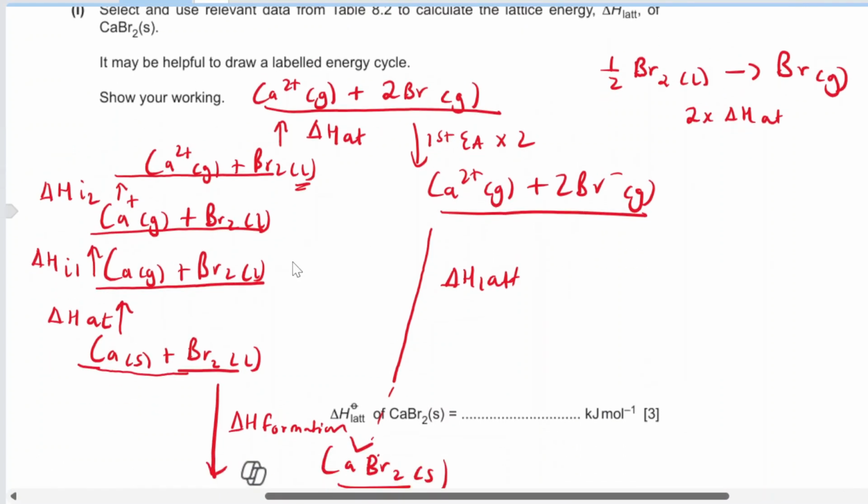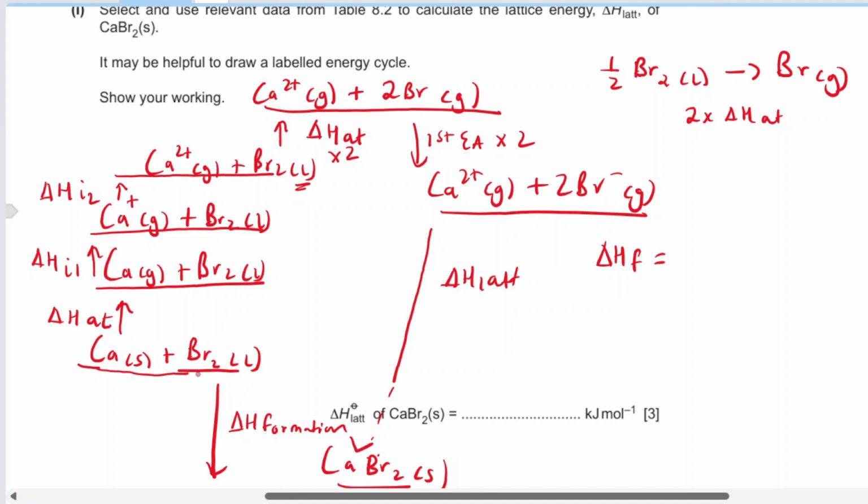And to calculate the lattice energy now, you have to make an equation for this. So this is the overall reaction. So formation is equal to basically all this: atomization of calcium plus first ionization energy of calcium plus second plus atomization of bromine, but this one will be times 2. And here this will be first EA times 2, and this will be plus enthalpy change of lattice.